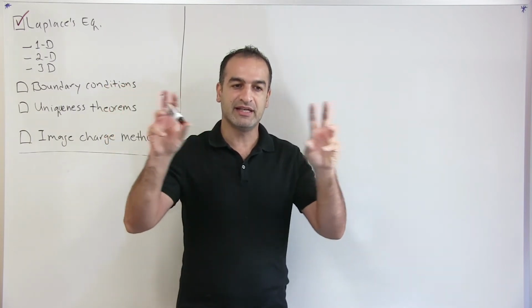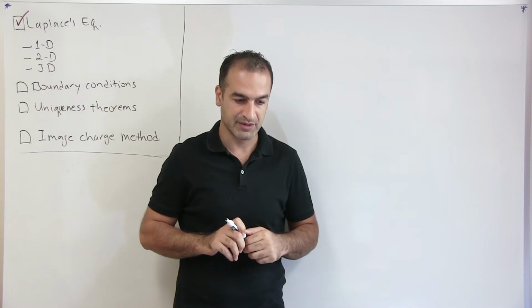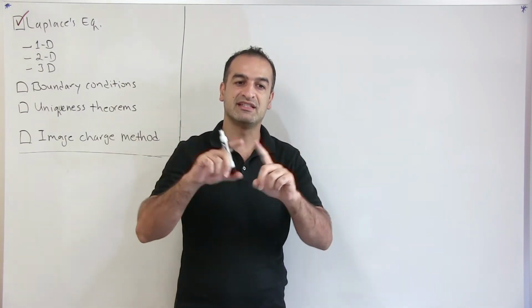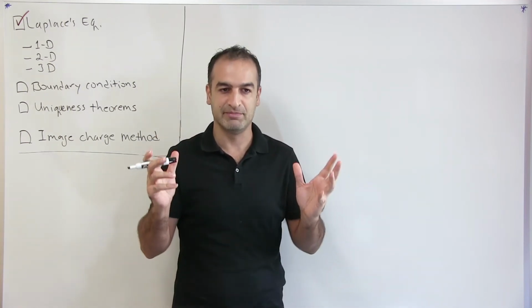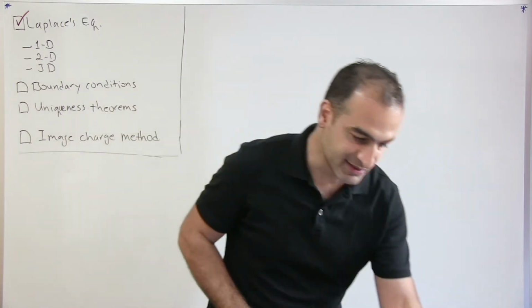I'm going to look at the difference between these two solutions, and then conclude that the difference must be zero at any point, meaning the two solutions are in fact one solution. So let's look into that.